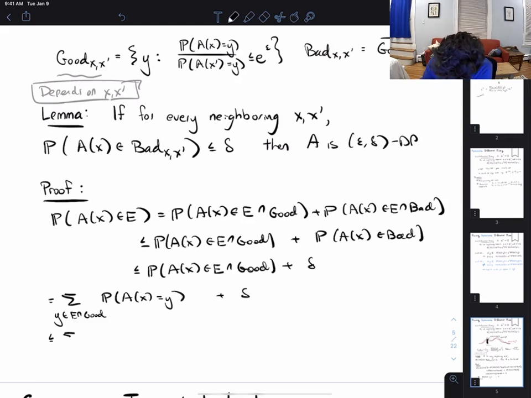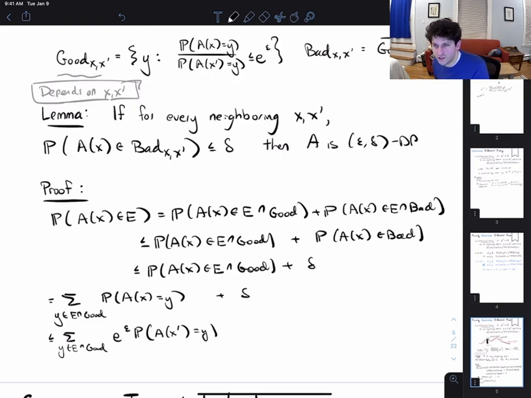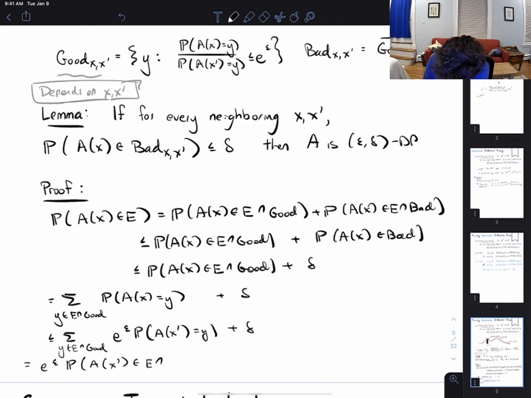And here we'll use the property of the good set, which says that each of these individual probabilities is no more than e to the epsilon times the probability that A of X prime is equal to Y. So taking the sum again, we get that this is e to the epsilon times the probability that A of X prime is in E intersect good.